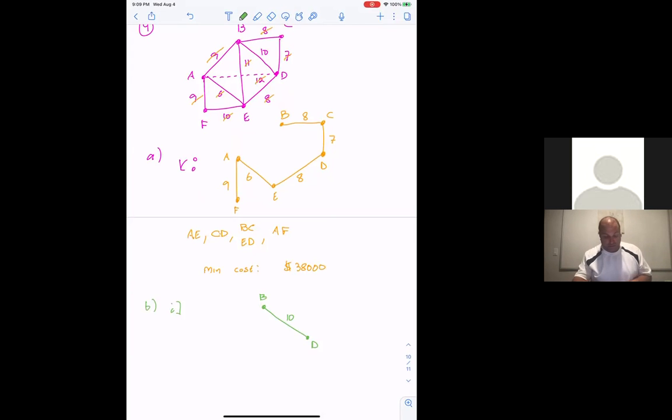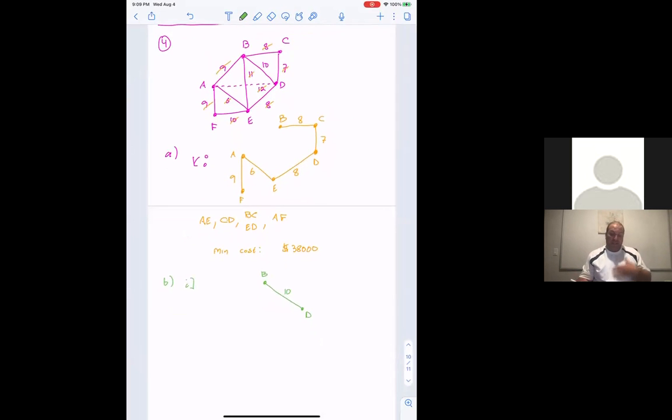If it's necessary, okay, put it in. And now do exactly the same thing. Start with the minimum weight of what's left that does not form any cycles. So what do we have? We have a 6, which is A to E.